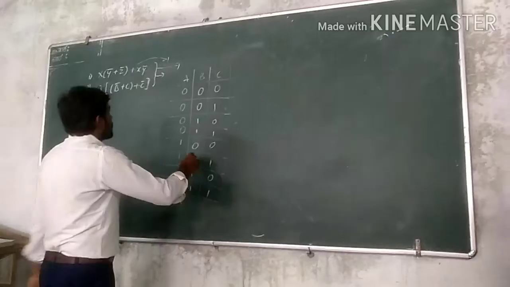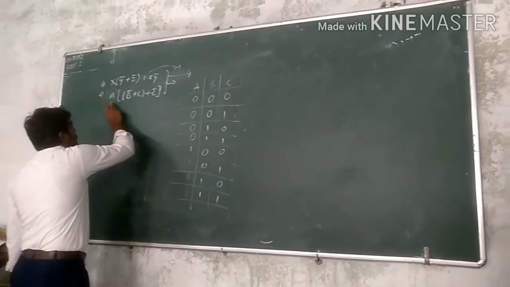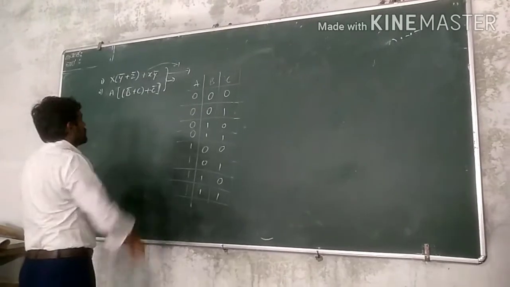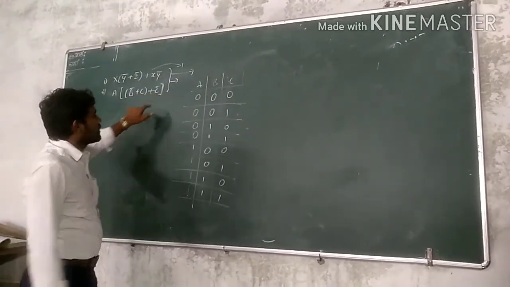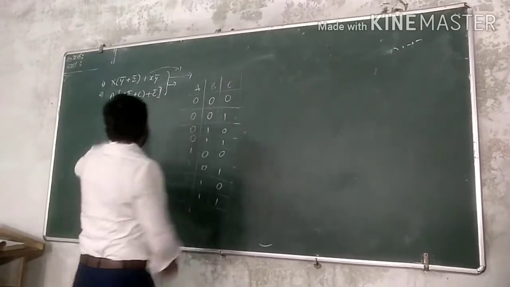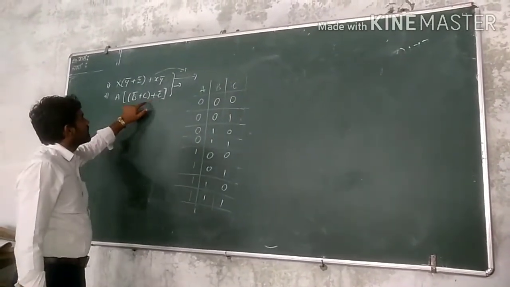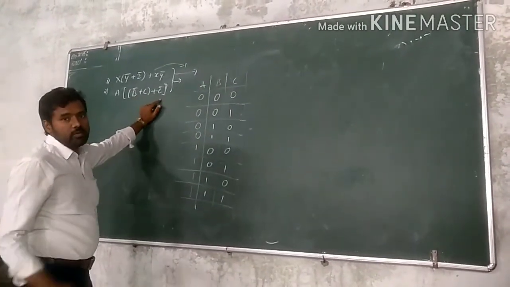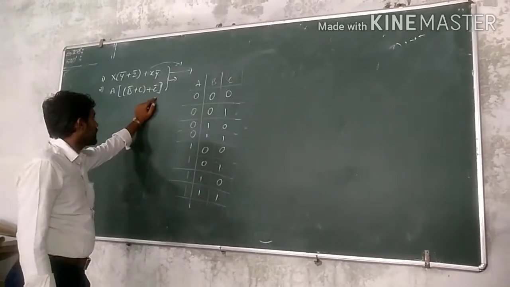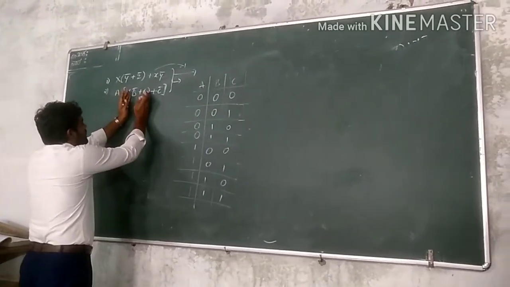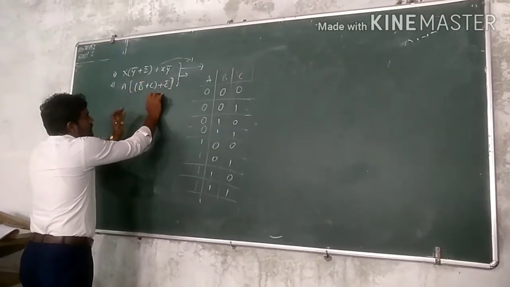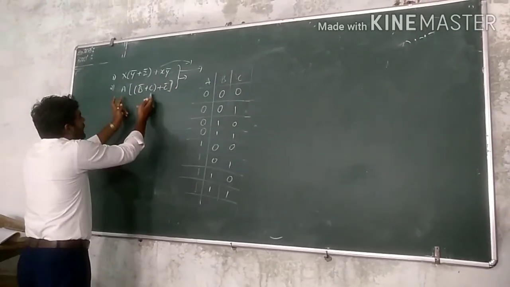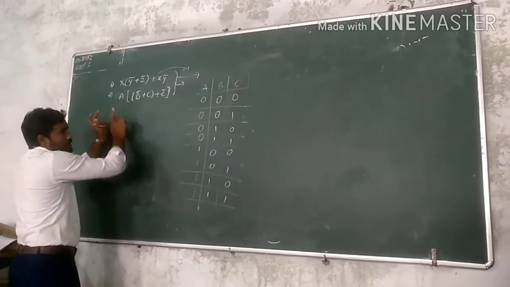Clear? So now we will go for the second one, that is a into whole term b complement plus c complement. As I told you, first differentiate the equation into n number of parts. So we have first compound sum, take it as this one and find out the value of this one, and merge these two terms, find out the value for that one, and later the whole term should be multiplied with the a over here.